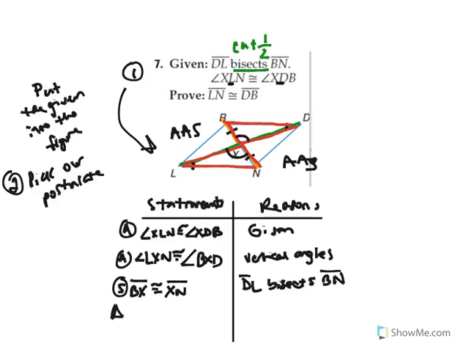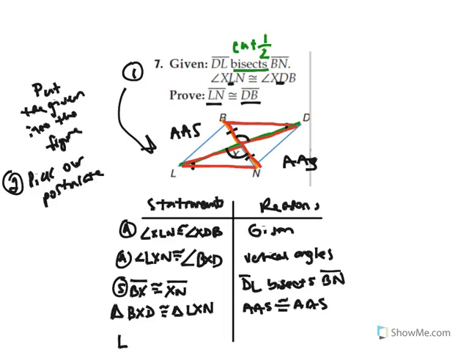So we have now proven that triangle BXD is congruent to triangle LXN. And we know that because our postulate that we picked, angle, angle, side, is congruent to angle, angle, side. So now that we've proven the two triangles are congruent, we can prove that LN is congruent to DB.